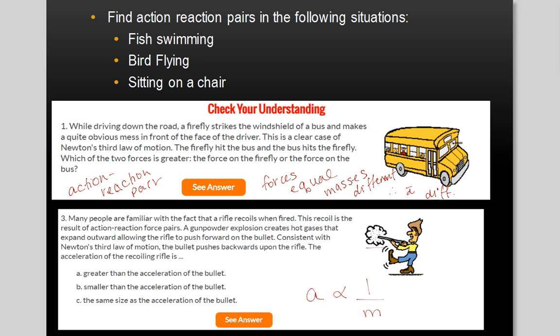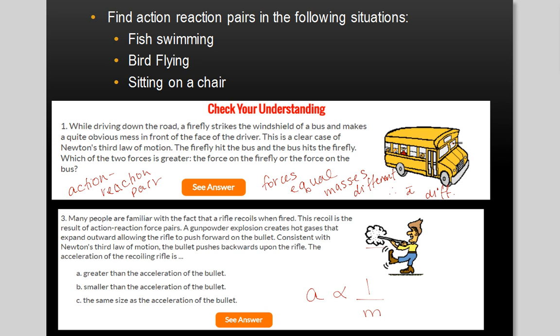The gunpowder explosion creates hot gases that expand outward, allowing the rifle to push forward on the bullet. So the rifle pushes the bullet forward, so the bullet pushes the rifle backwards.